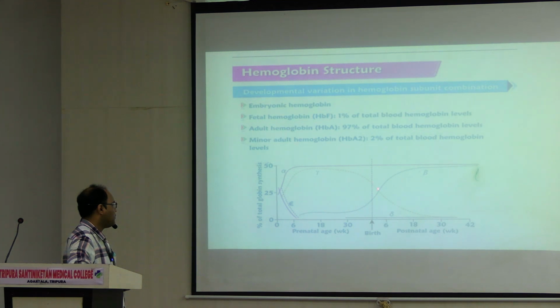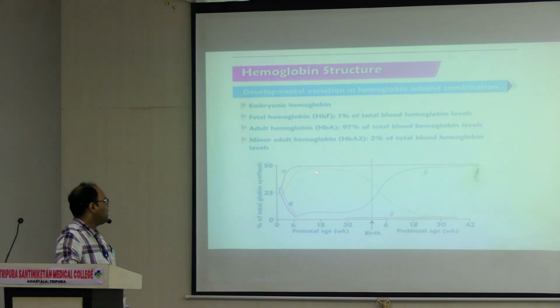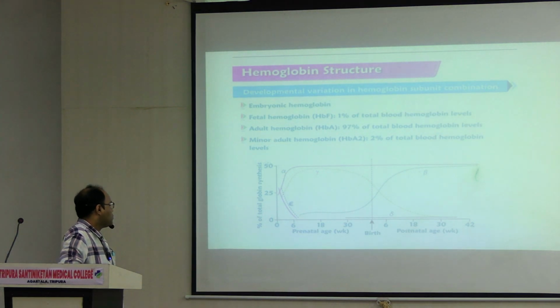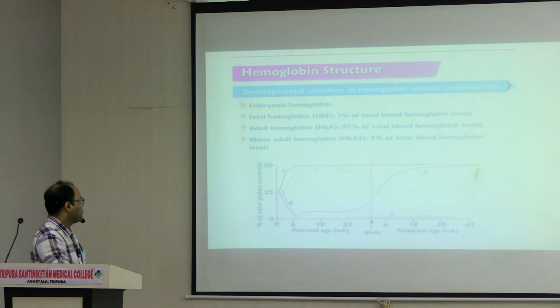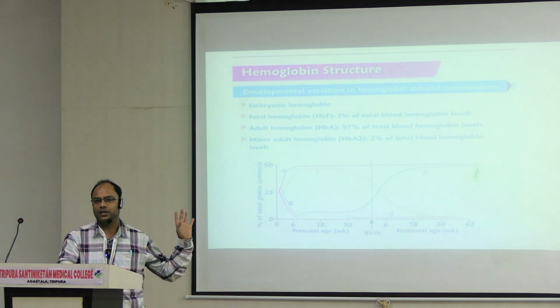After birth it declined sharply, and after 18 weeks to 30 weeks after birth it achieves the adult value, and for the rest of life it maintains 1 to 2%. This is gamma chain, and also you can see here some other chains develop and disappear very rapidly after 6 weeks, like epsilon chain, sigma chain, zeta chain. This is also important. Just see, make an imagination.